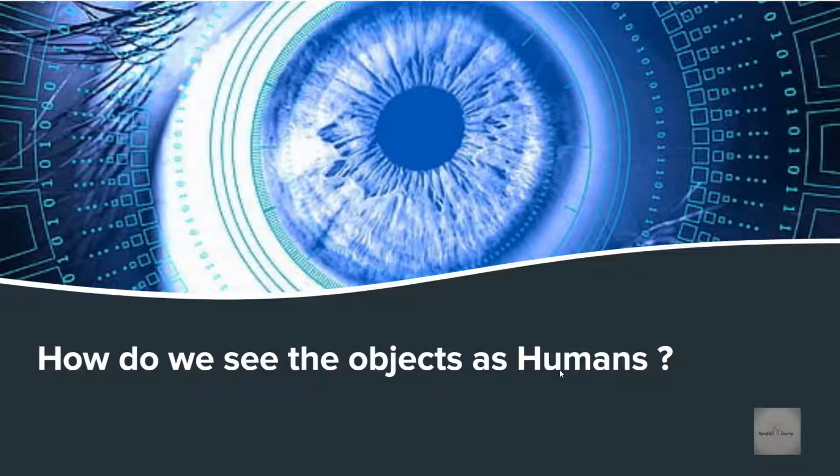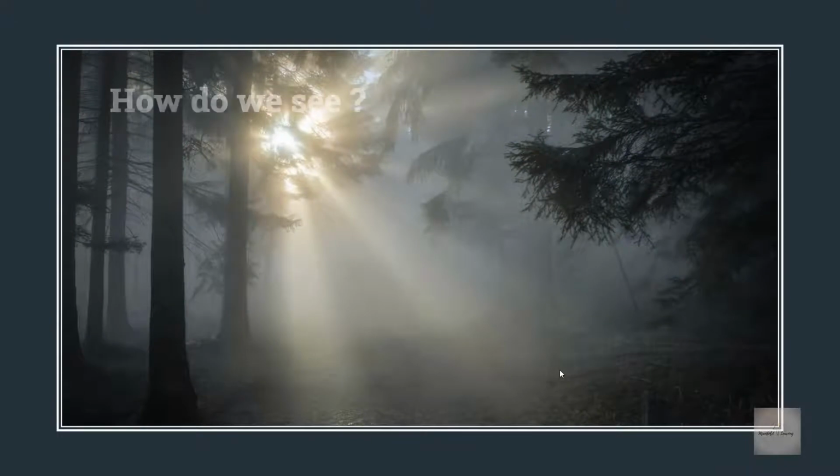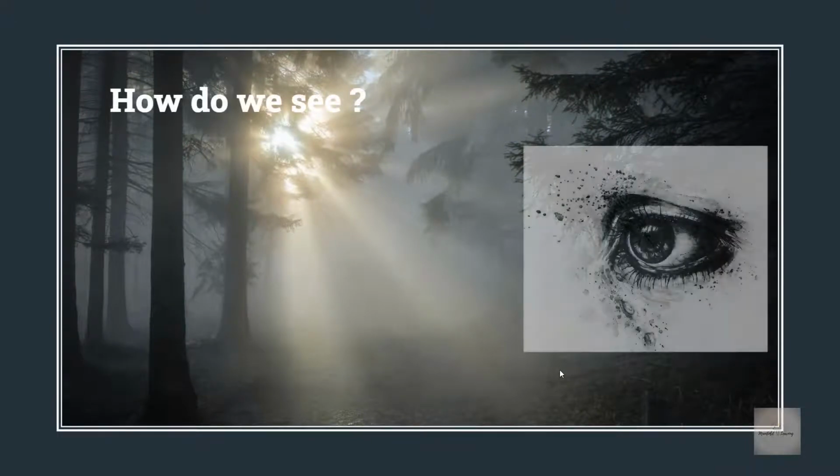When light falls on an object, it reflects back to the eye. The photoreceptors in the eye turn the light into electrical signals. These electrical signals travel from the retina through the optic nerve to the brain. And the brain processes the images.